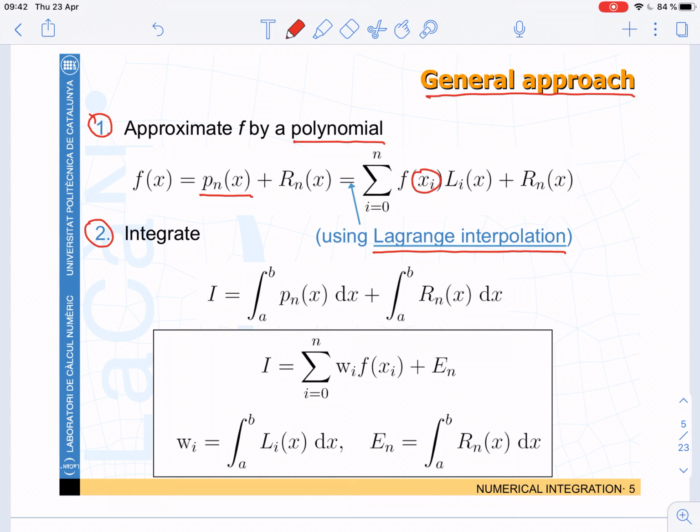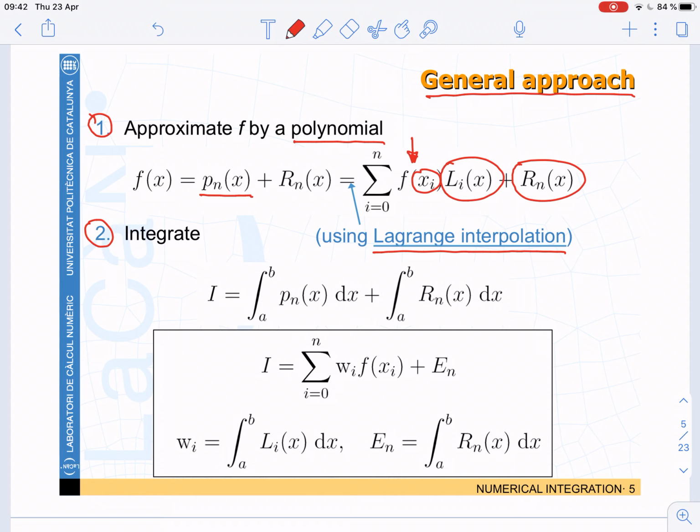As we already know, because we choose Lagrange polynomials as our polynomial basis, the images of f at the integration points play the role of coefficients of linear combination. Rn is the interpolation error, the Lagrange remainder.